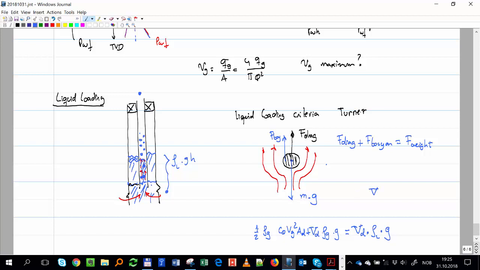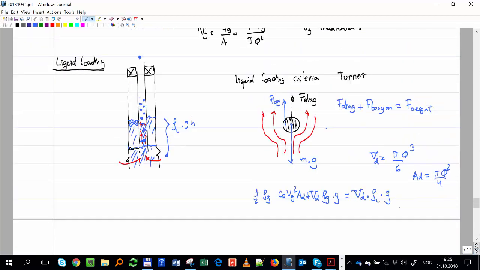The volume of the sphere is pi D cubed over 6, and the area is simply pi D squared over 4. Normally these forces are not equal, since the droplet is going up or down, but they will be equal just at the point where the droplet is not going up or down.